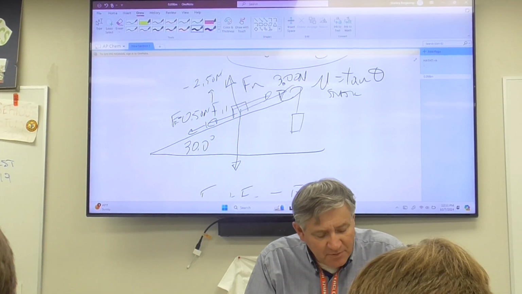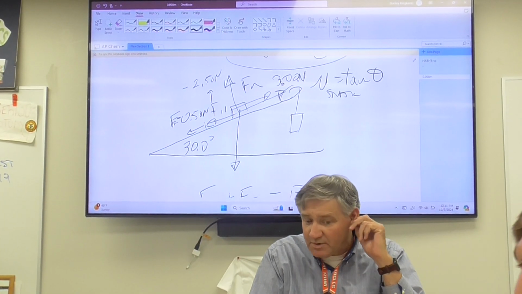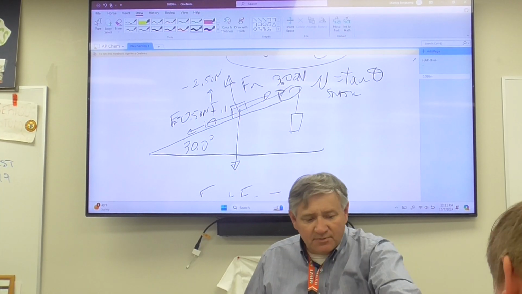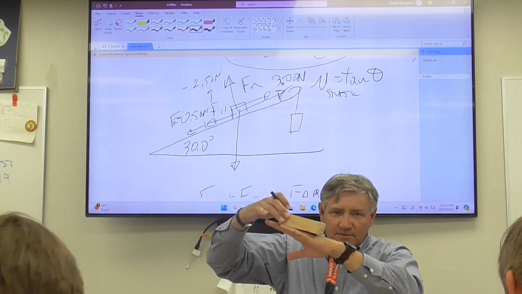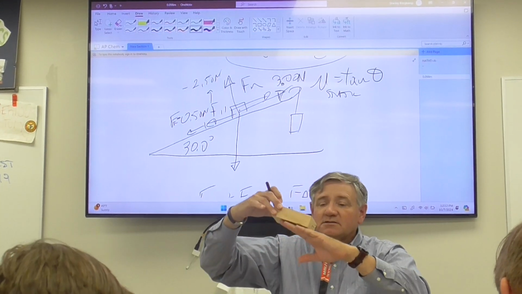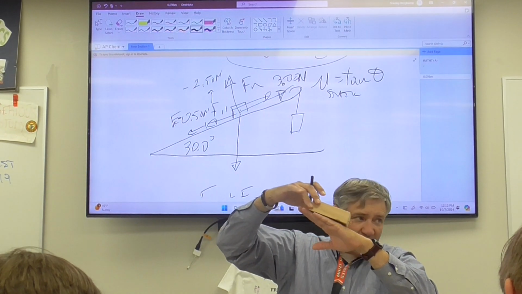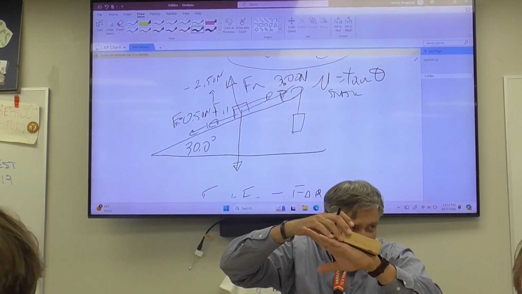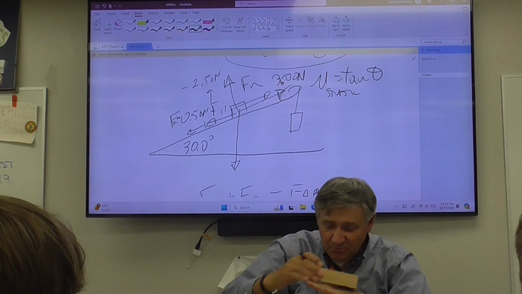Now, when you do number 3, the only difference between number 2 and number 3 is that on number 3, you're letting the block slide down the inclined plane. So, Grace, if the block is sliding down the inclined plane, which direction is friction going to act? Opposite way.